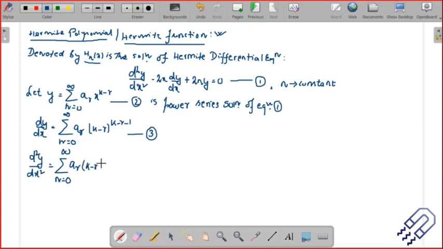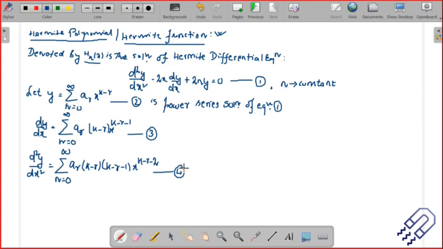It will remain as it is, and then we will differentiate x to the power k minus r minus 1. So I'll get k minus r minus 1 into x to the power k minus r minus 2. Let's mark this as equation 4.